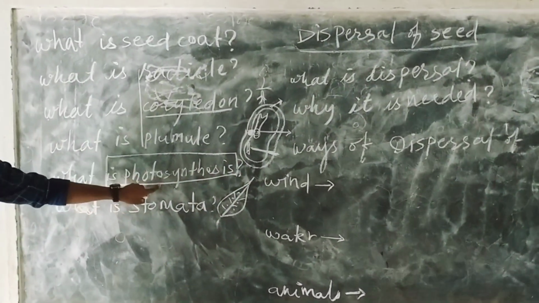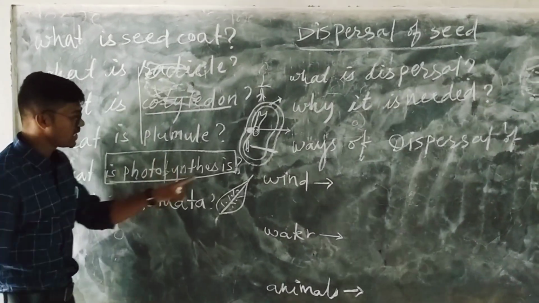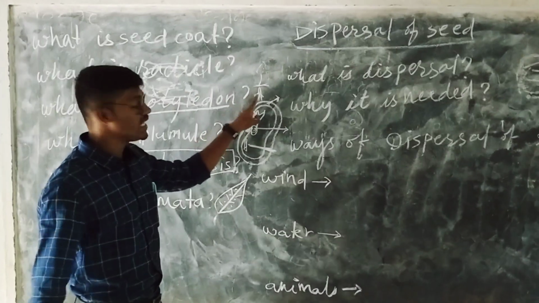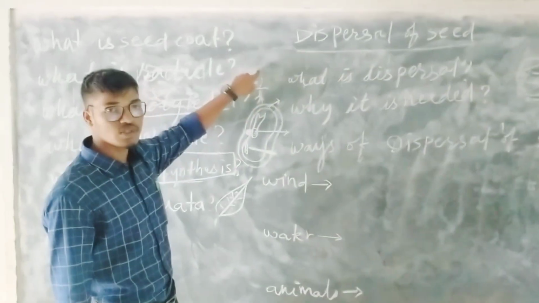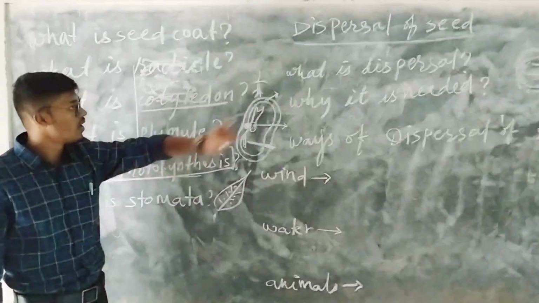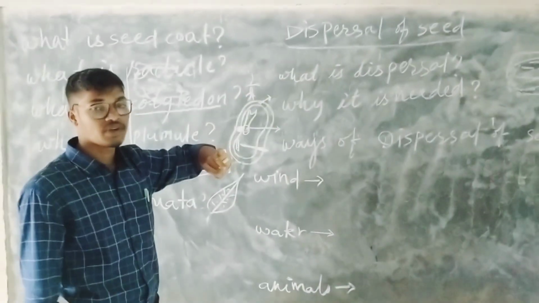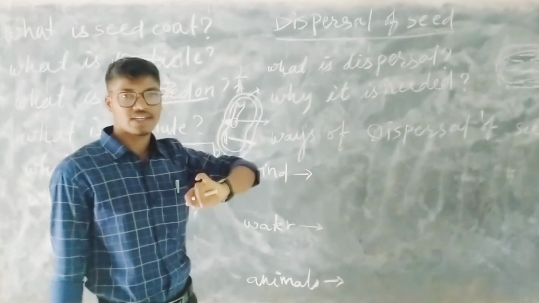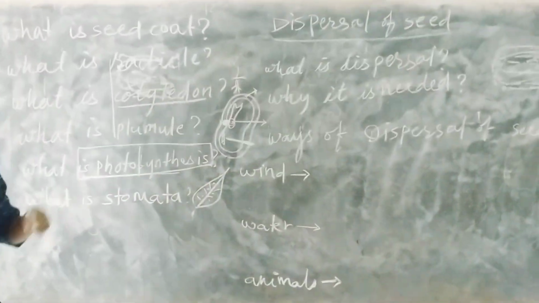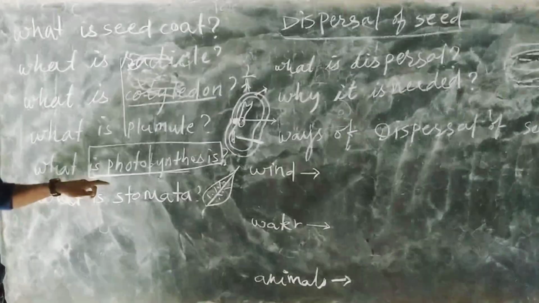See, photo means light and synthesis means putting together. When the plant grows and becomes a tree, and it has its own roots, leaf, branches, trunk or stem, it will be making food for its own self.